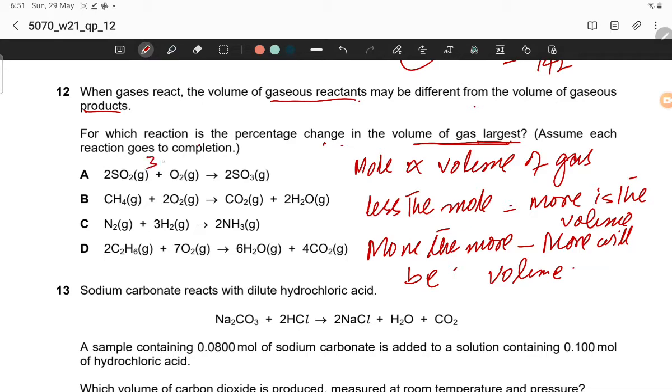So there are 3 moles producing 2 moles, and over here 3 moles producing 3 moles. This is equal. And 4 moles producing 2 moles or 2 volume. Mole is directly proportional to volume of gas, so mole is equal to volume. This is 2, 7, 9, 6 or 4, 10.